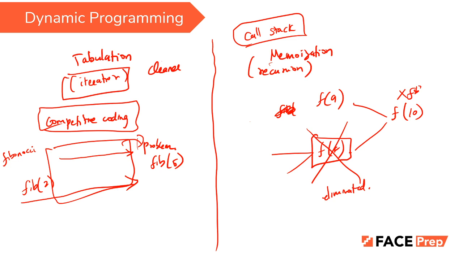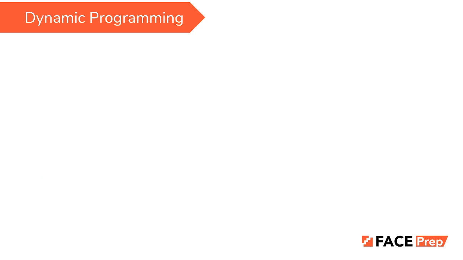So we looked at the Fibonacci series problem. Tabulation in the Fibonacci series also offers a more elegant way of solving it. We said that the time complexity in the tabulative iterative method was O of n, and space complexity was also O of n. We will look at tabulation again now.